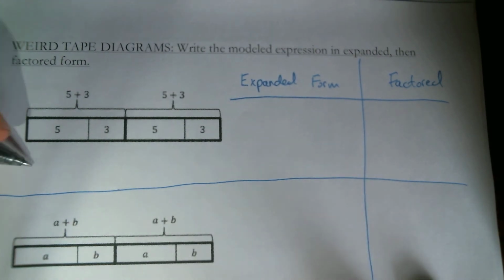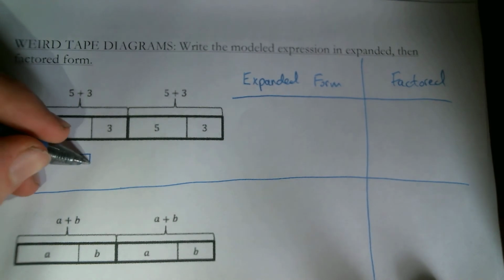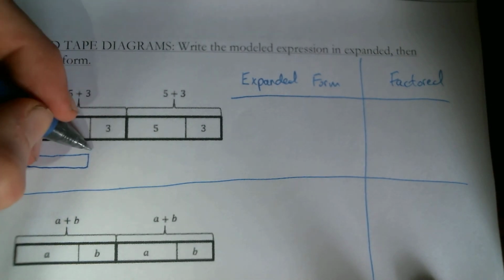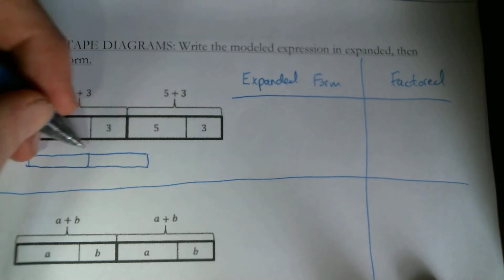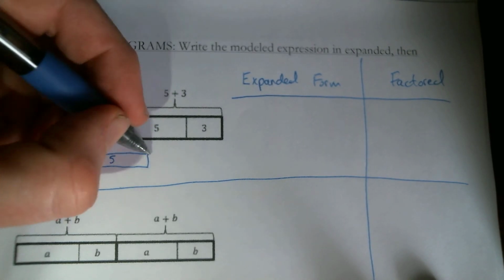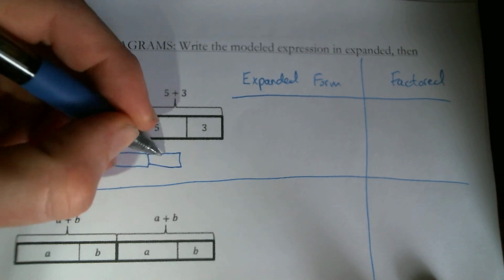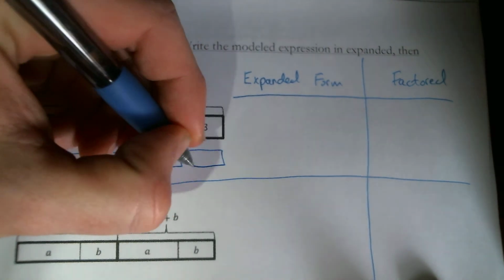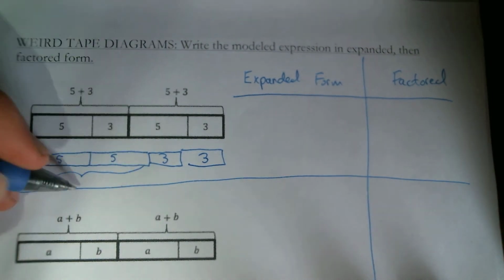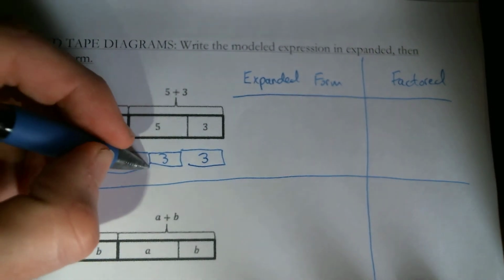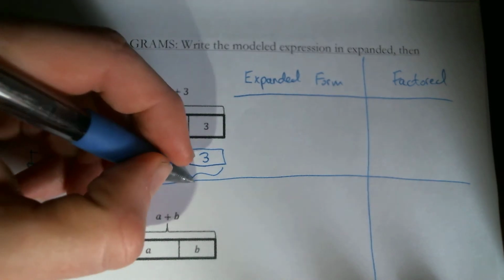So here I can think of this. I can push these two together. Remember, we can add in whatever order we want. So I'm going to rearrange things so that my 5s are next to each other. So 5, 5, 3, and 3. So now my expanded form tells me that I have 10 plus 6.